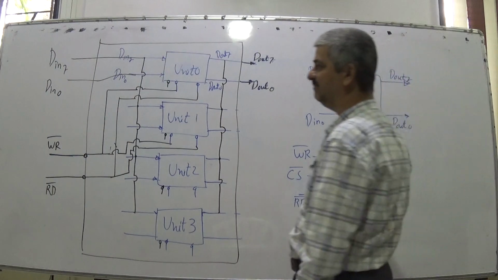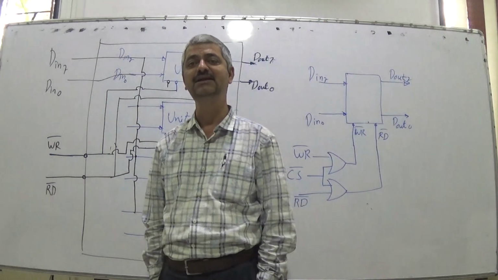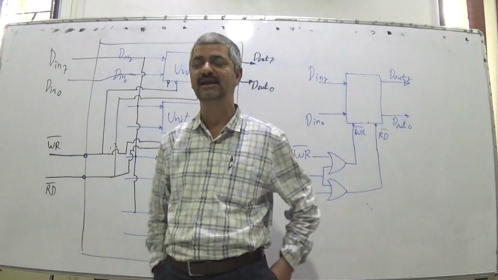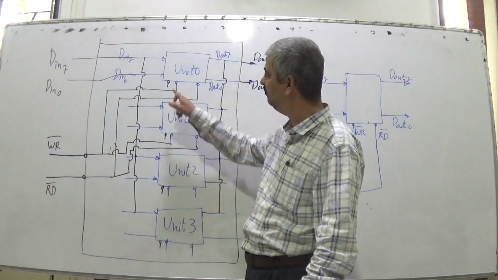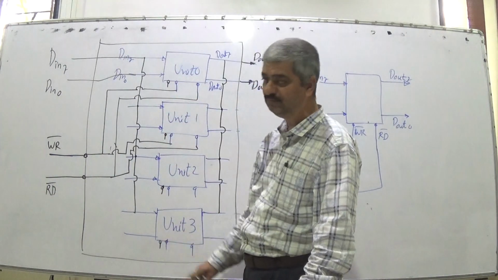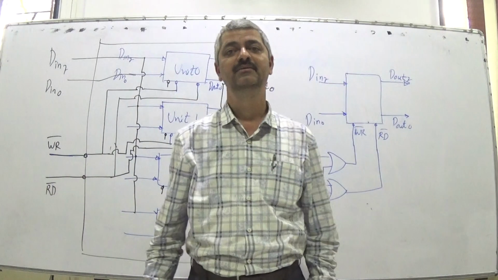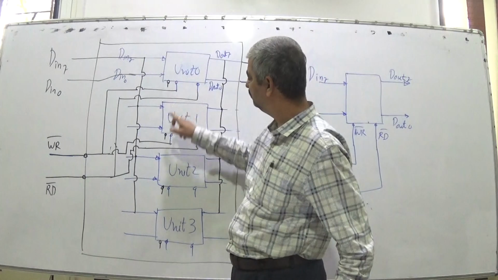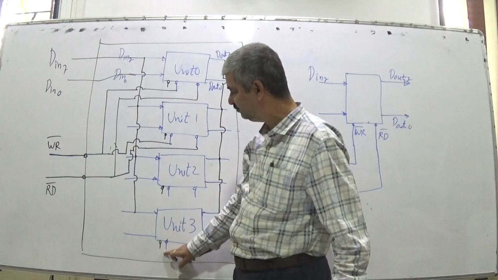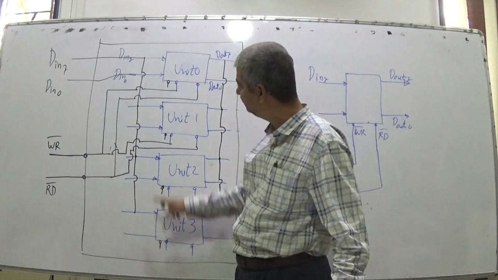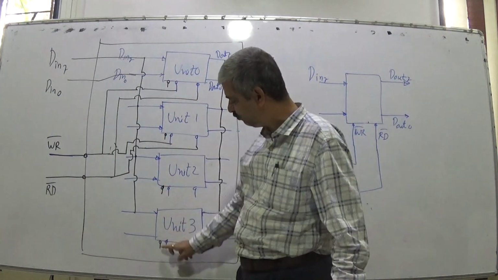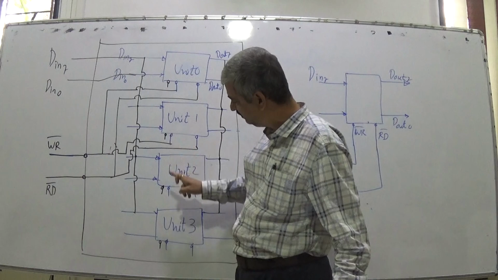When you select the chemistry unit, you will reject all other units. Means at a time, only one of them should be low. Means 0, 1, 1, 1 should be the combination. 1, 0, 1, 1, or 1, 1, 0, 1, or 1, 1, 1, 0.